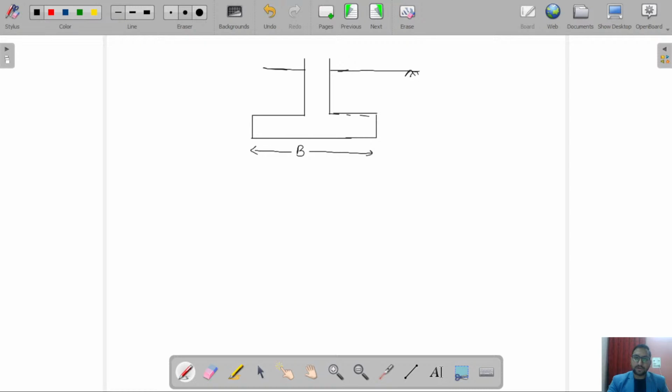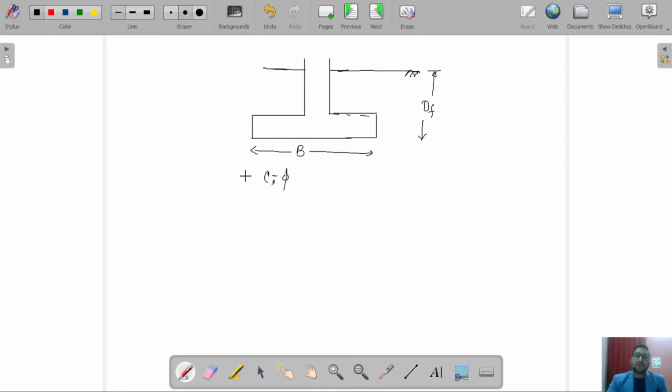Suppose this is the ground level, so the depth of footing is, suppose, Df. Now, the properties of soil in which this foundation is placed are given to you, that is C and phi values.